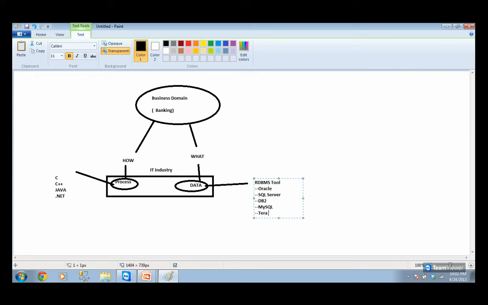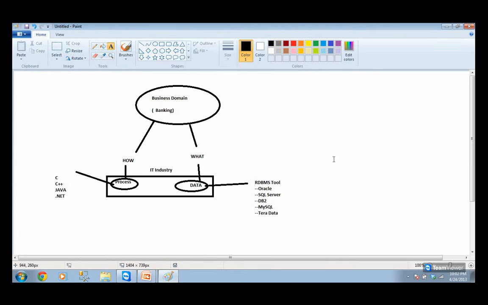All these are different RDBMS tools you may use. That means when you plan to automate or computerize a business domain, you're capturing their processes and you're capturing their data. That is what you're doing.